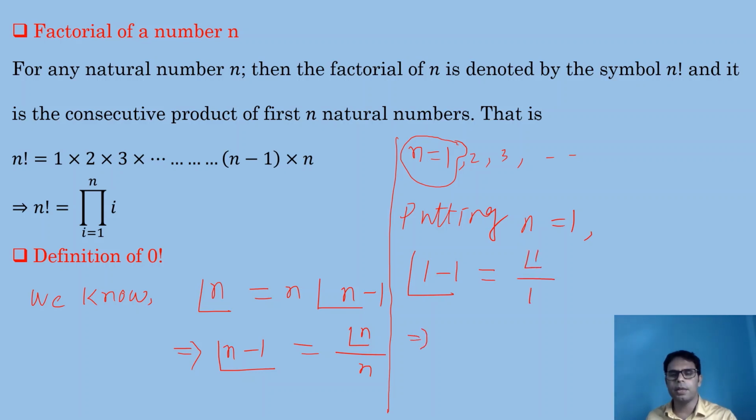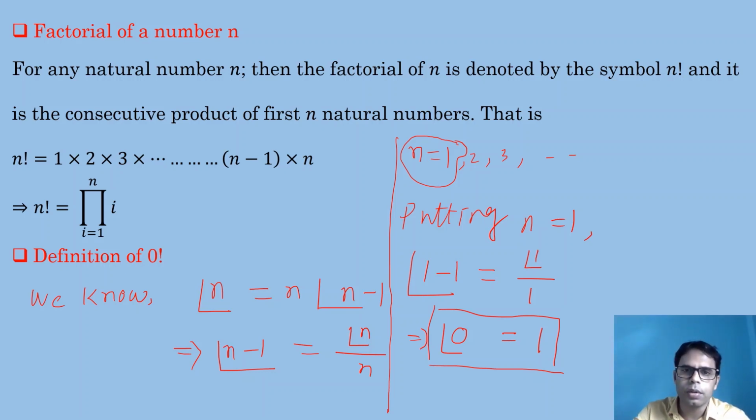But left hand side factorial of 1 minus 1 will give us factorial 0, and factorial 1 is 1 and divided by 1 is obviously 1. So this is the definition of factorial 0. Though 0 is not a natural number, its value is 1.